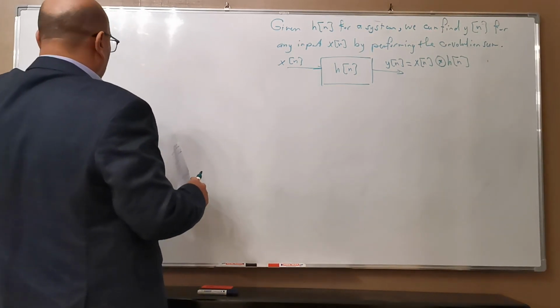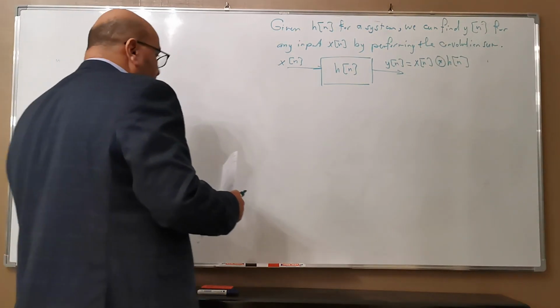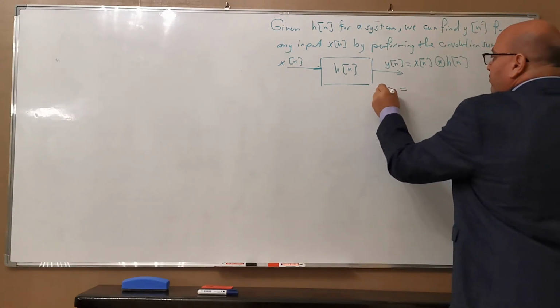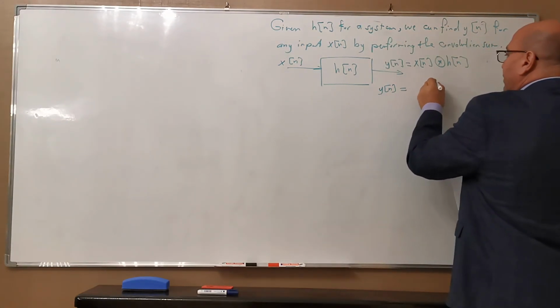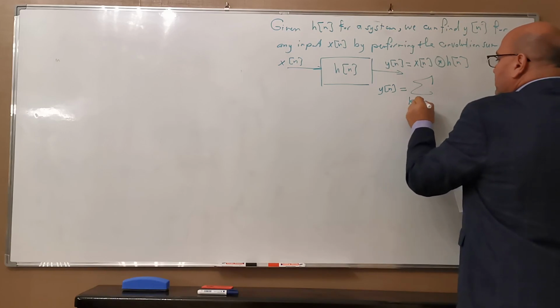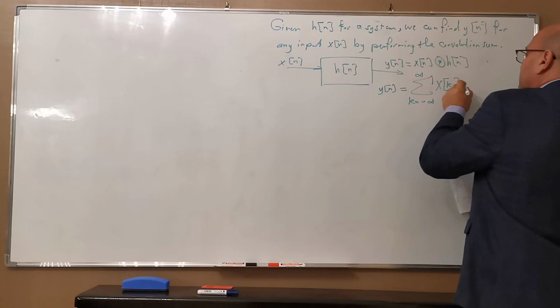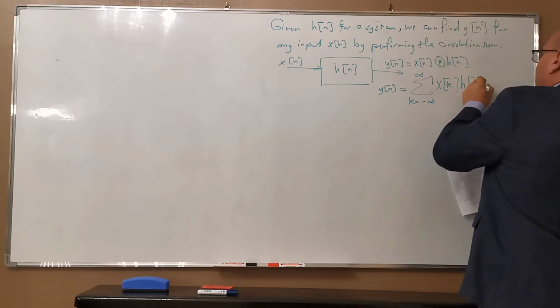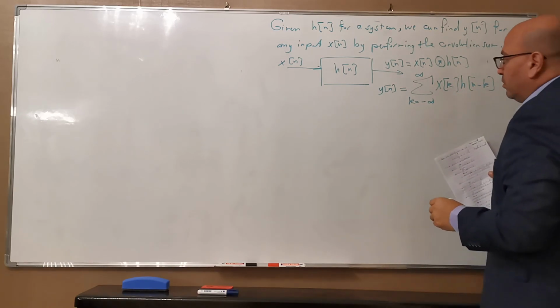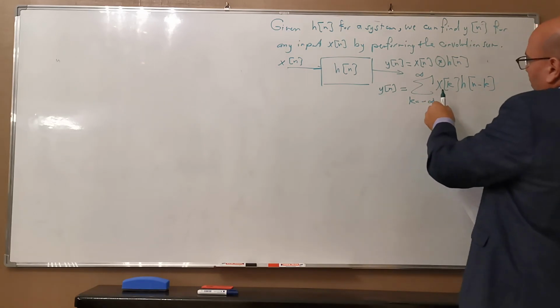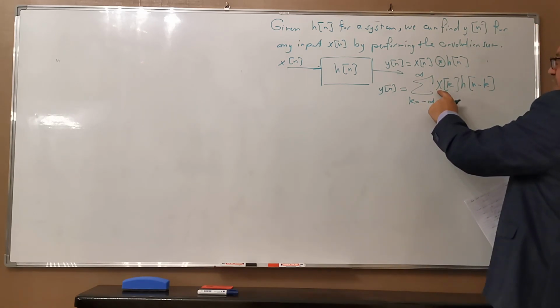Notice that in the summation, y of n is equal to summation from k equals minus infinity to infinity, x of k, h of n minus k. So the process of doing this summation is: let x of k stay as it is.